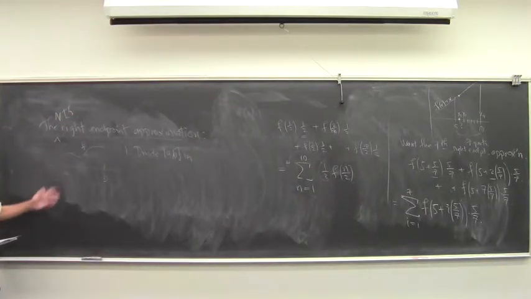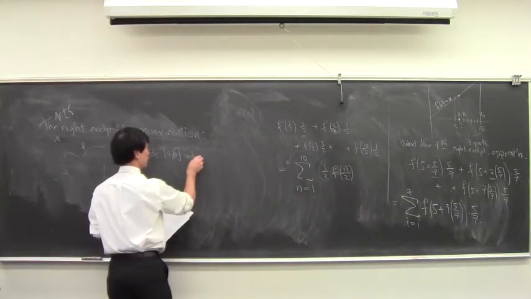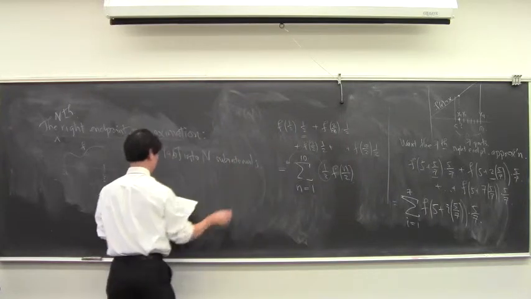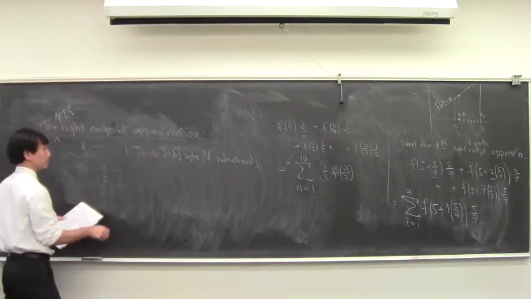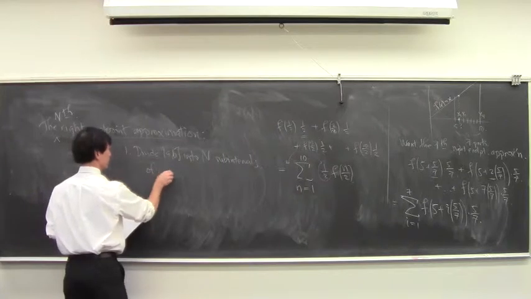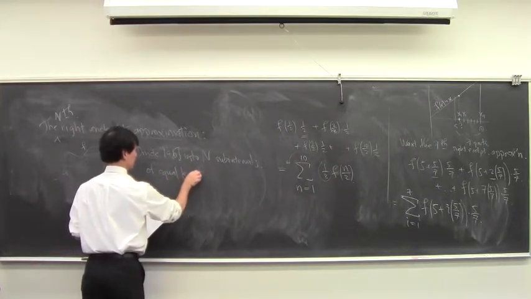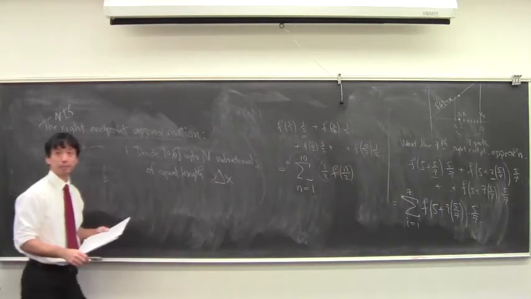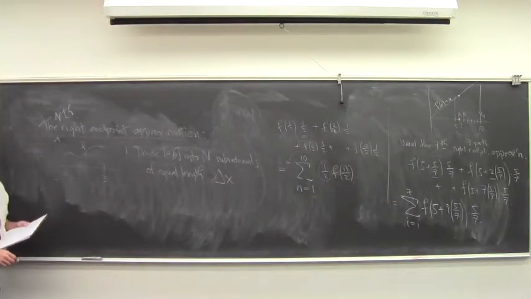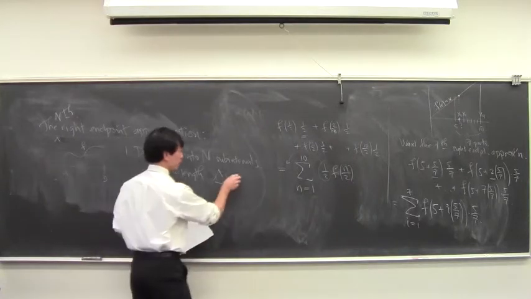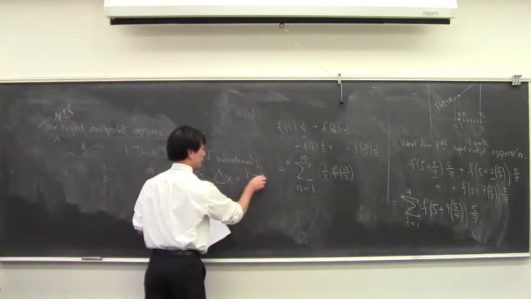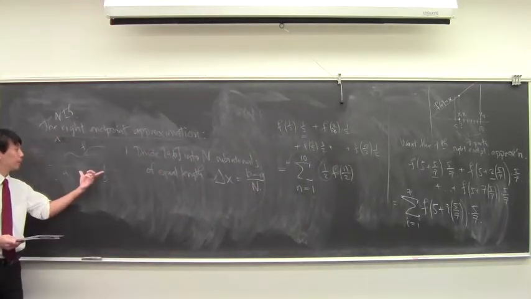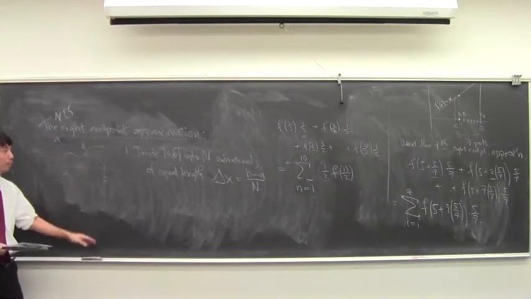You divide [a, b] into n pieces, n subintervals of equal length. The length we're going to call delta x. Delta x is, of course, the length of the interval divided by n. It's going to be b minus a divided by n.